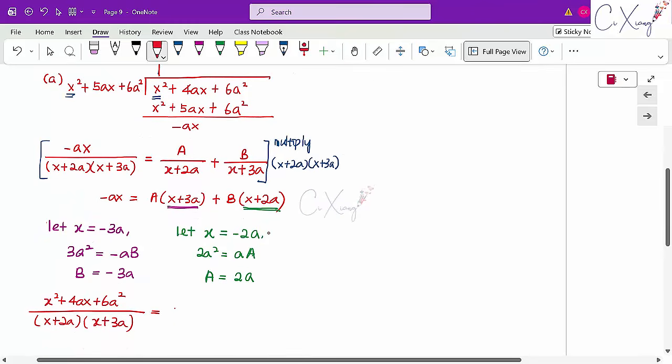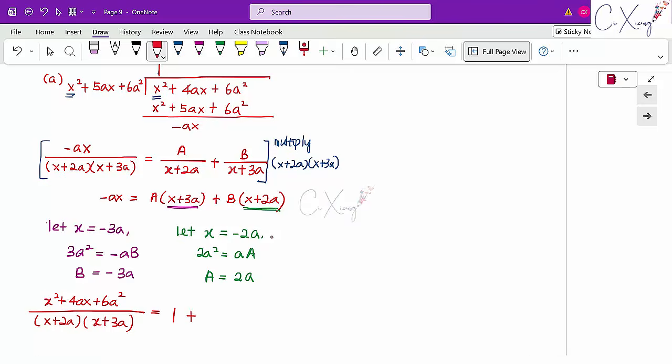Basically, it is the first term without the fraction. After that, the remaining part will be the partial fraction of your remainder with the denominator. I already have the values for A and B, so A gives 2a over x plus 2a. And then for B, which is negative 3a, you have minus 3a over x plus 3a.